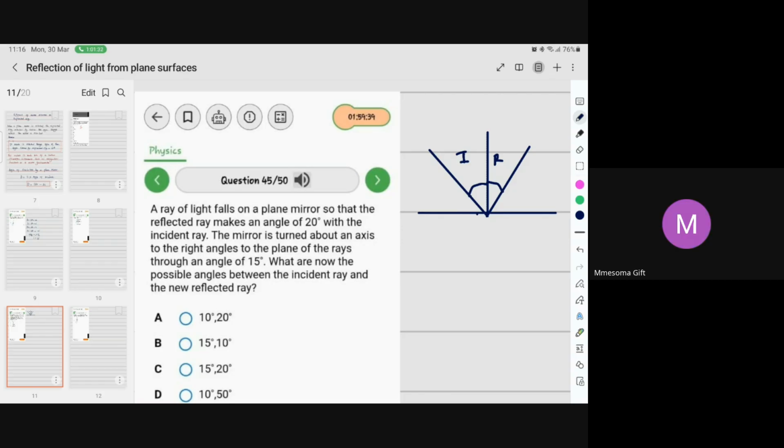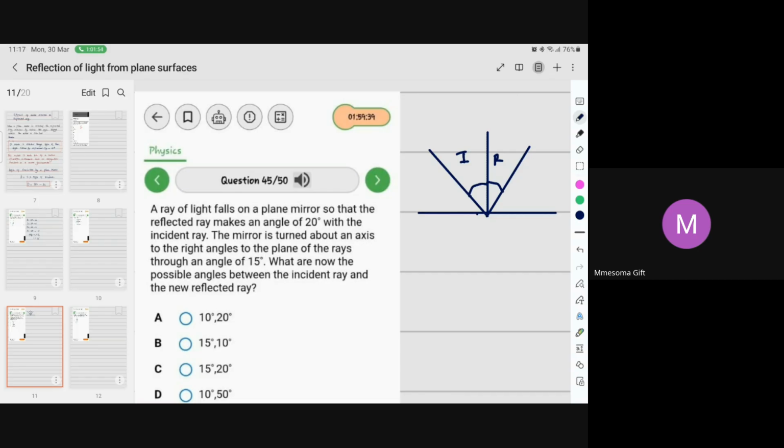Wait, look at what happened. They said that R and I is equal to 20. We want to find I, the incident ray.